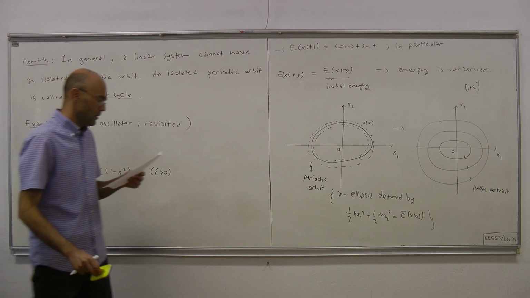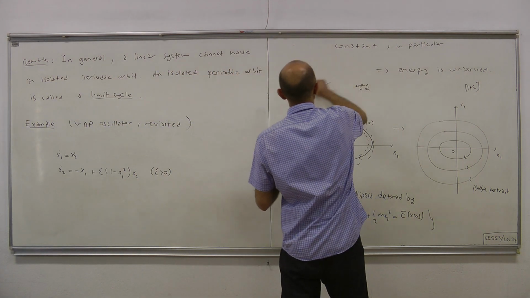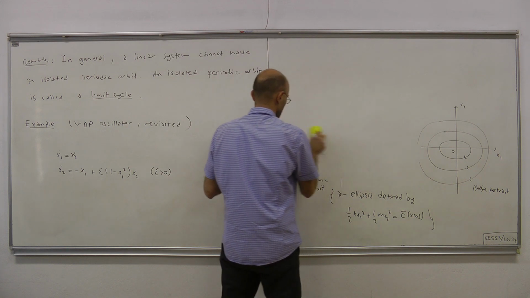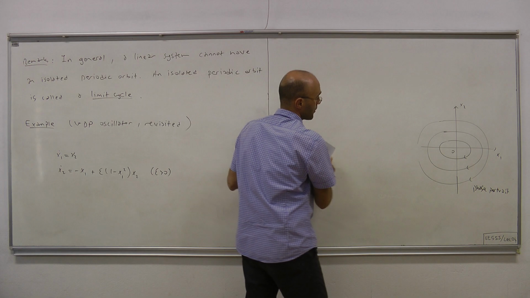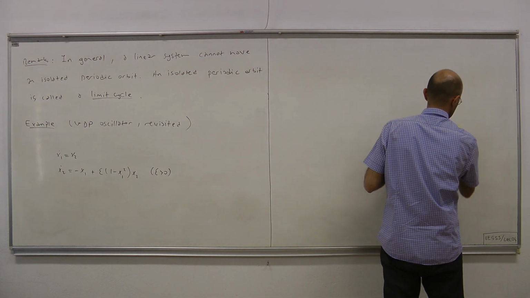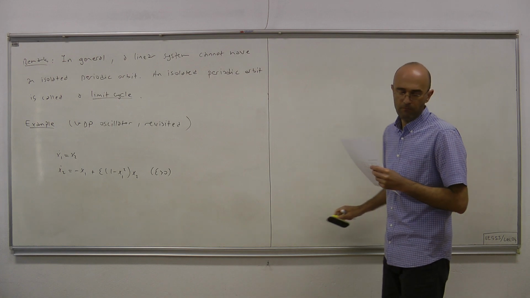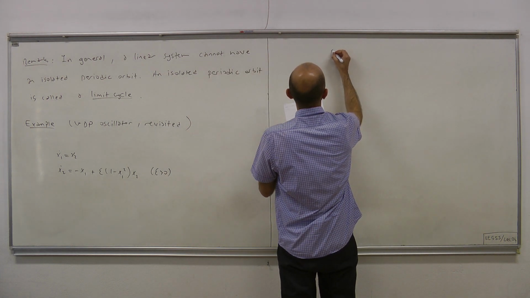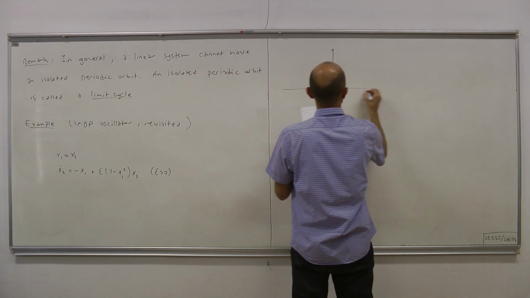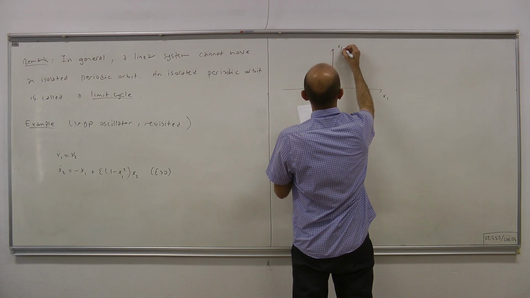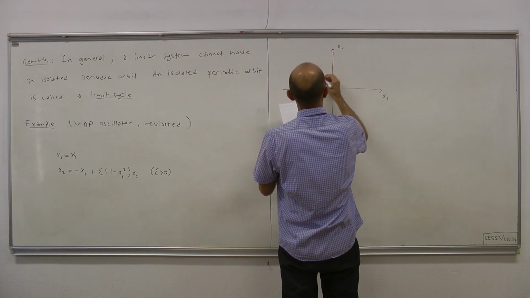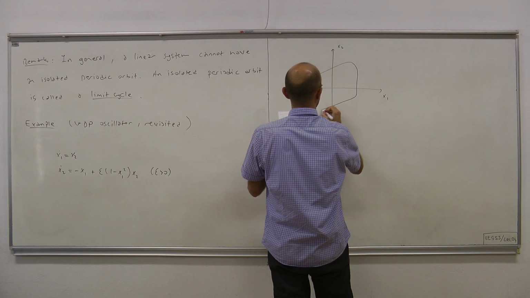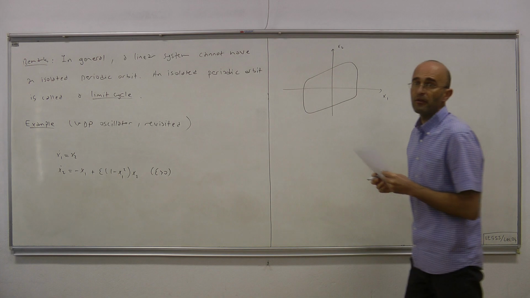Now, how that limit cycle looks is as follows. Something like that, more or less.